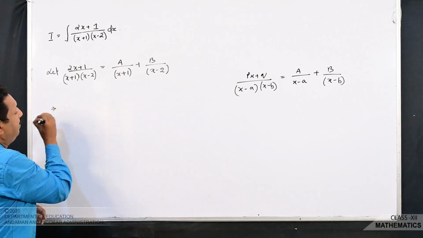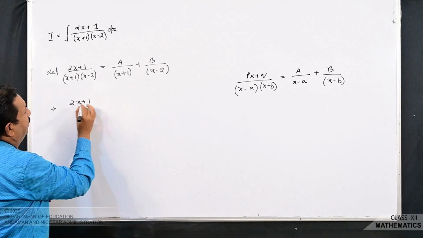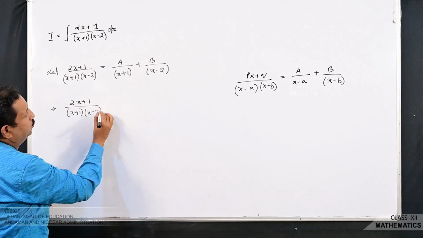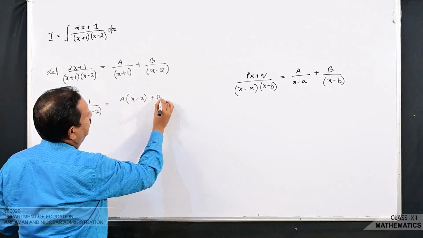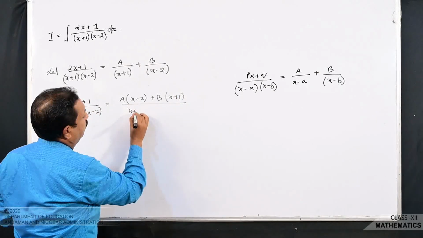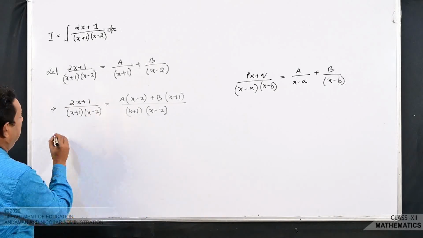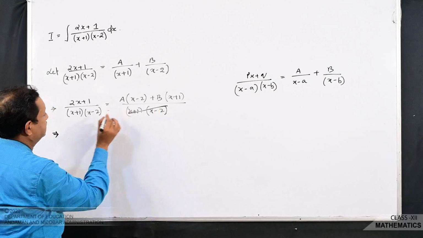Now I make some calculation here, that is (2x plus 1) by (x plus 1) into (x minus 2) equals a into (x minus 2) plus b into (x plus 1) by (x plus 1) into (x minus 2). Now see, our denominator is the same, so this can be cancelled out.